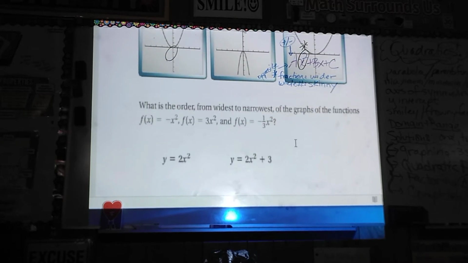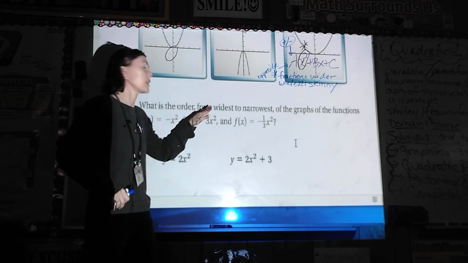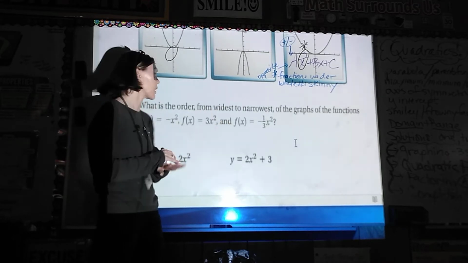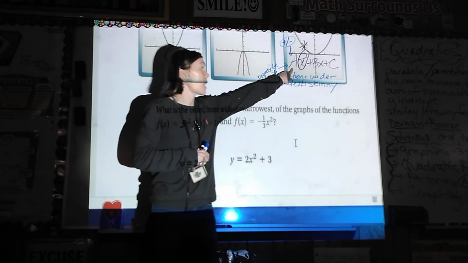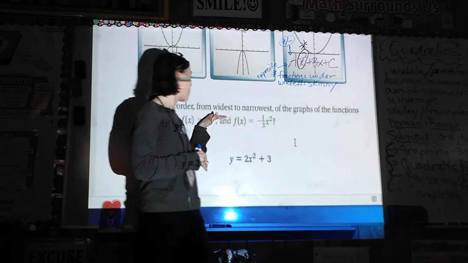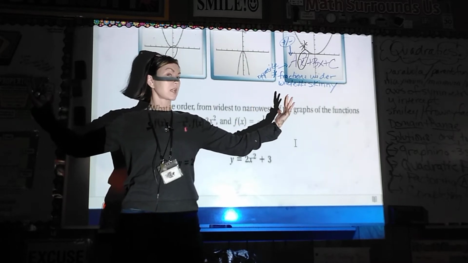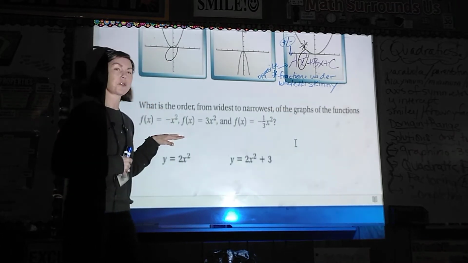So let's take a look here. What is the order, without even giving you a graph, now that you know what the a value does to the parent function, it says, what is the order from widest, you want to mention the widest first, to narrowest of the graphs of the functions?